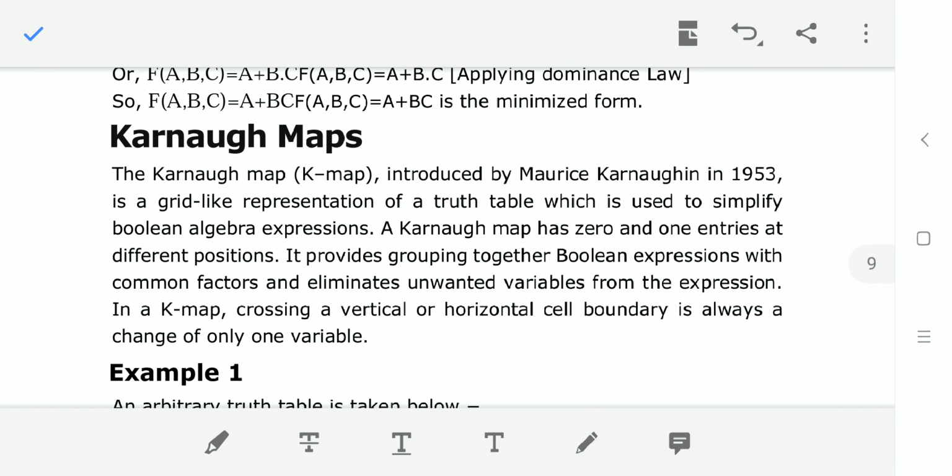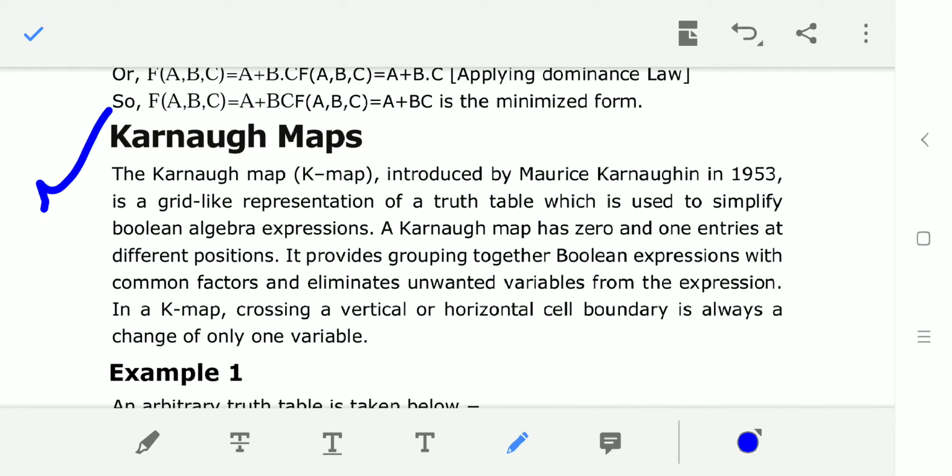Next is K map or Karnaugh map. The K map, introduced by Maurice Karnaugh in 1953, is a grid-like representation of a truth table which is used to simplify Boolean algebra expressions. A Karnaugh map has 0 and 1 entries at different positions.